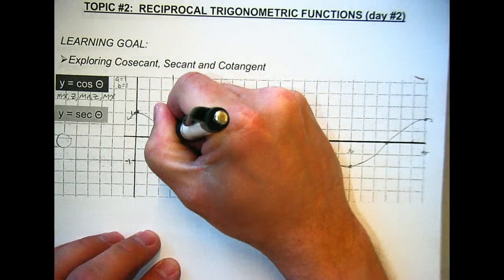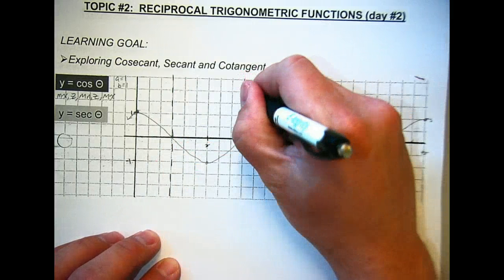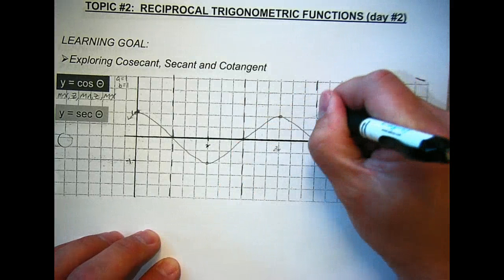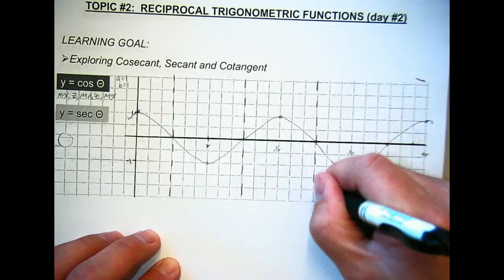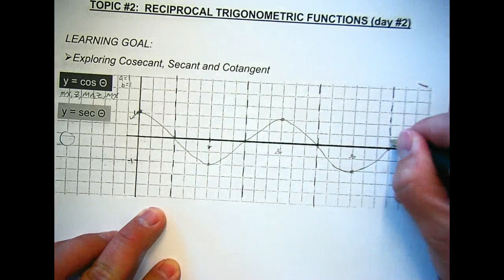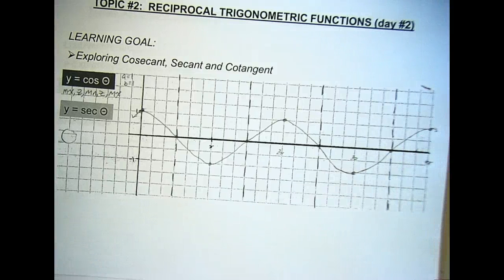So when we're graphing secant, it's wherever the zeros are. Every time you see a 0, if you were to flip that, 0 over 1, it becomes 1 over 0, and that's an asymptote. So there's our asymptotes.